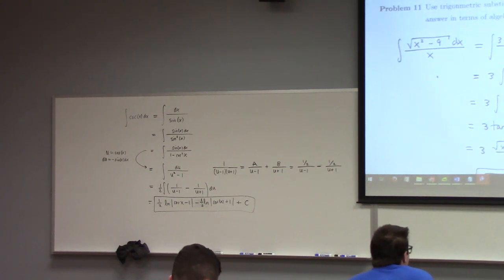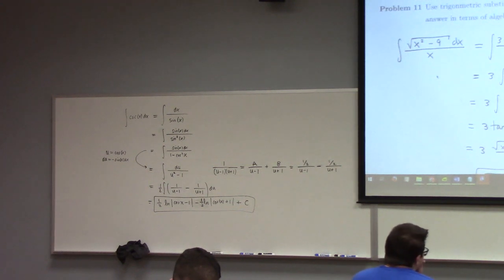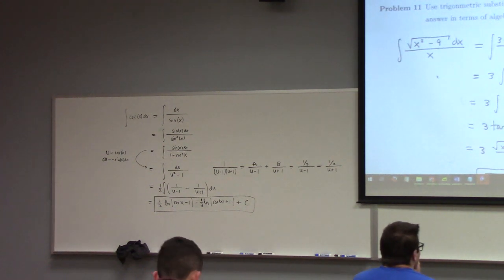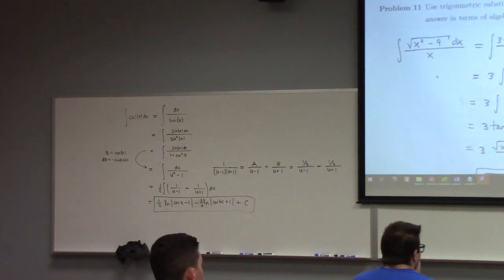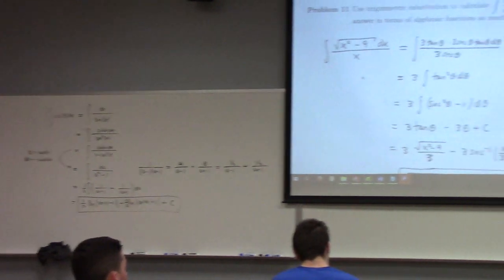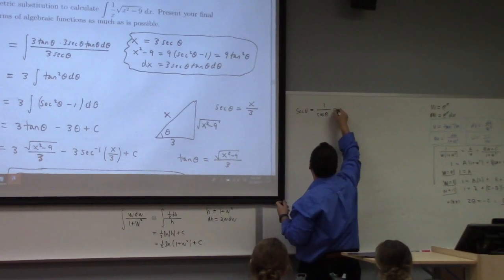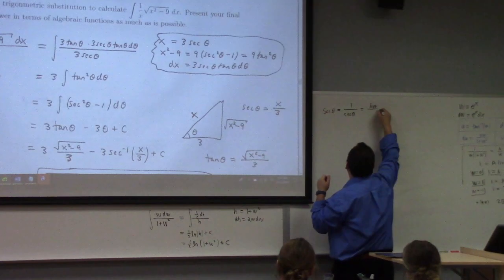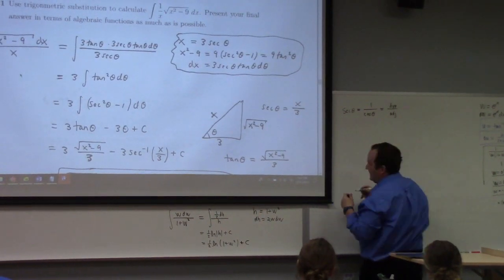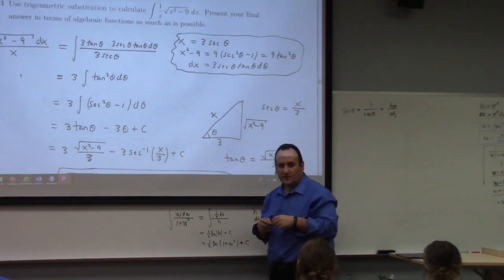So secant theta is x over 3, right? So what is secant theta? One over cosine theta, right? We can also look at it as hypotenuse over adjacent. So that's how I look at it in order to write the triangle.